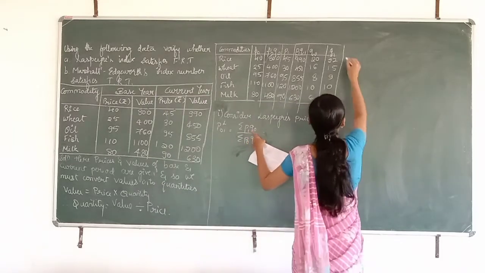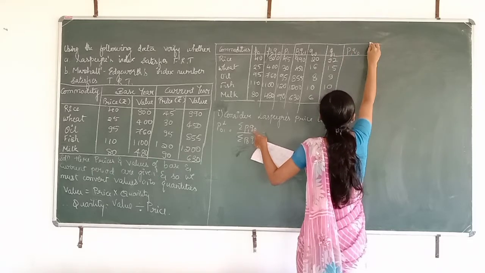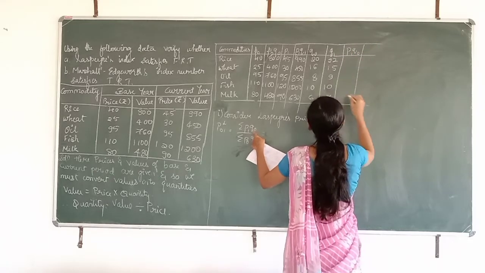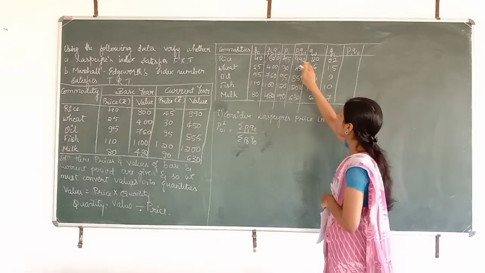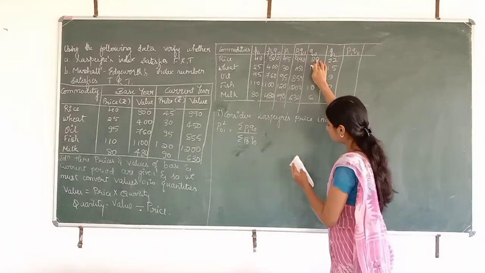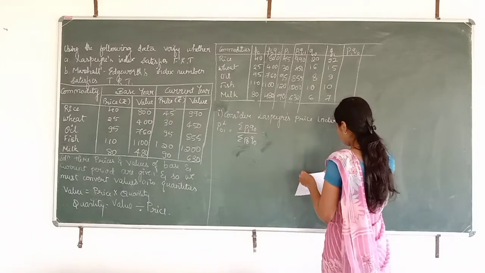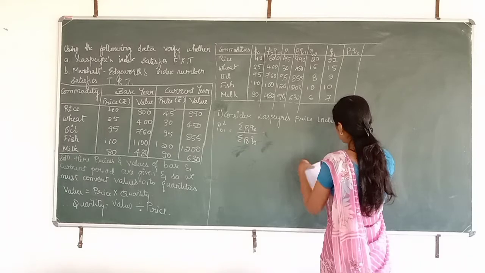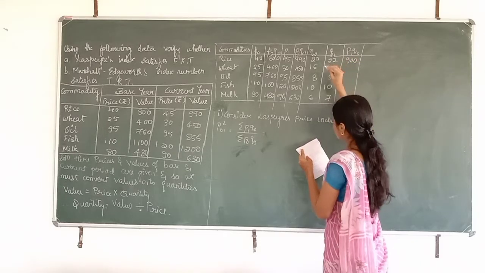So we need P1 Q0. To calculate P1 Q0, you multiply the P1 column with the Q0 column. 45 into 20 is 900.